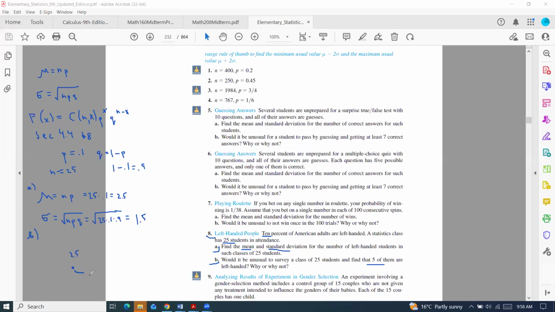Well, let me use the standard deviation of 1.5 first to see the left and right ends of my ballpark. So if I add 1.5 and 2.5, we'll get exactly 4. And if I subtract 1.5 from 2.5, we'll get exactly 1.